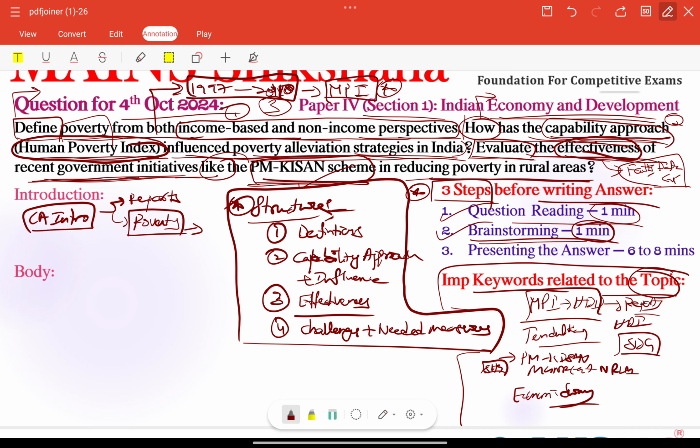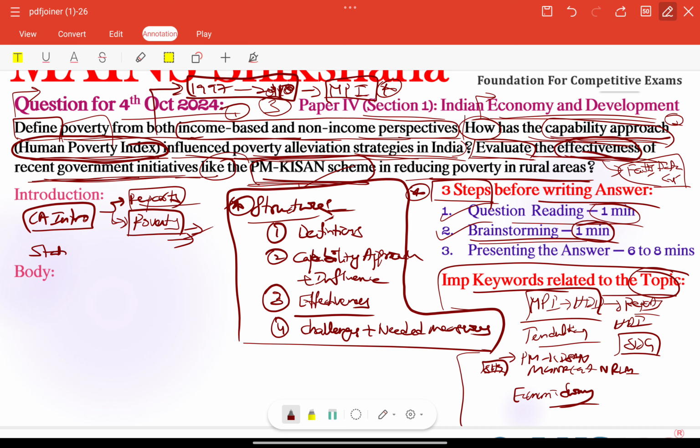In recent years, we have schemes like PM Kisan, launched in 2019, a key government initiative, mainly aimed at directly improving the incomes of farmers, right?